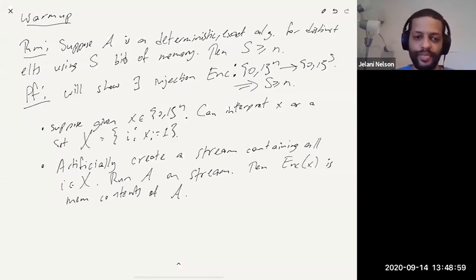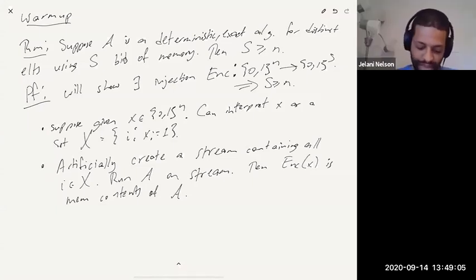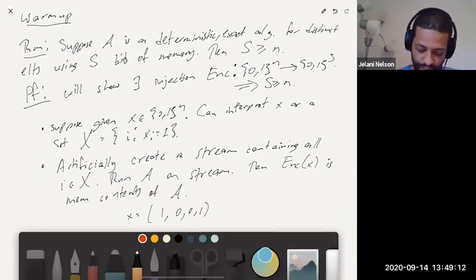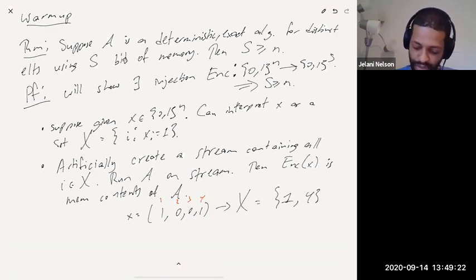Okay. Yeah. So, right, just to make sure we're on the same page, let's say that little x is the vector 1, 0, 0, 1. And of course, this is coordinate 1, coordinate 2, coordinate 3, coordinate 4. Then this leads to capital X being the set {1, 4}, which leads to the stream being 1 and then 4.